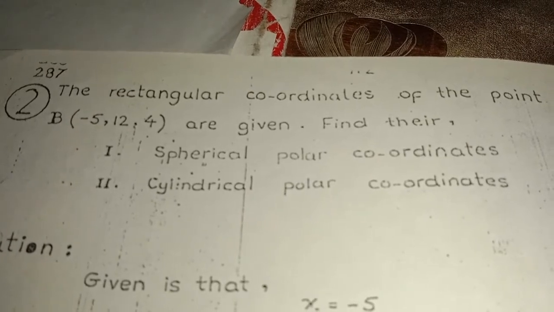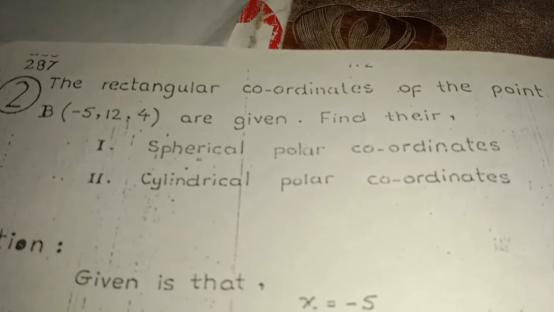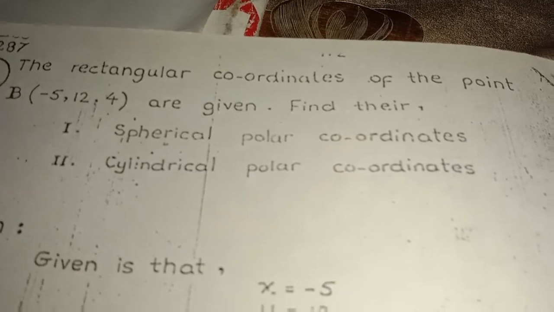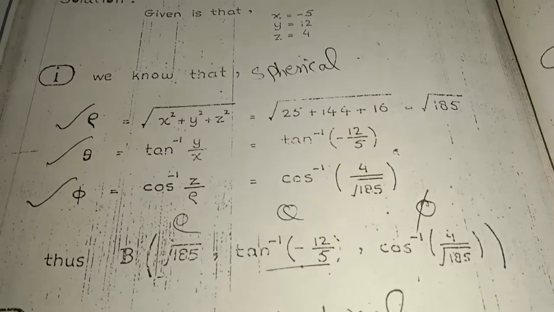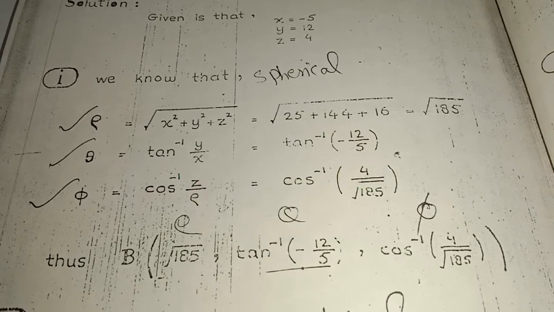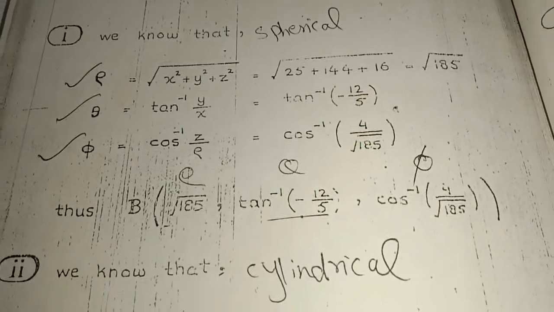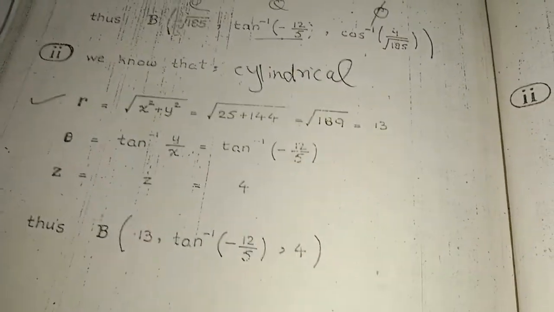That is x is minus 5, y is 12 and z is 4. You have to find spherical polar coordinates and cylindrical polar coordinates. The same procedure we have done in the last question. So you can solve this question easily.